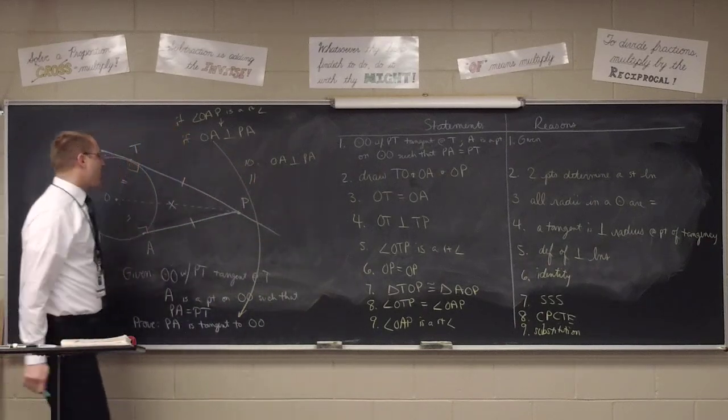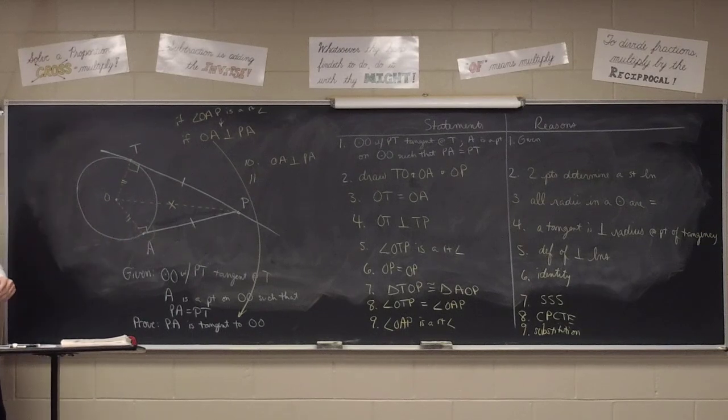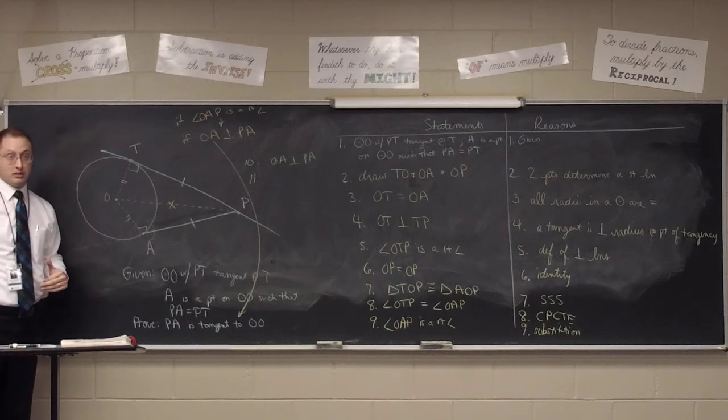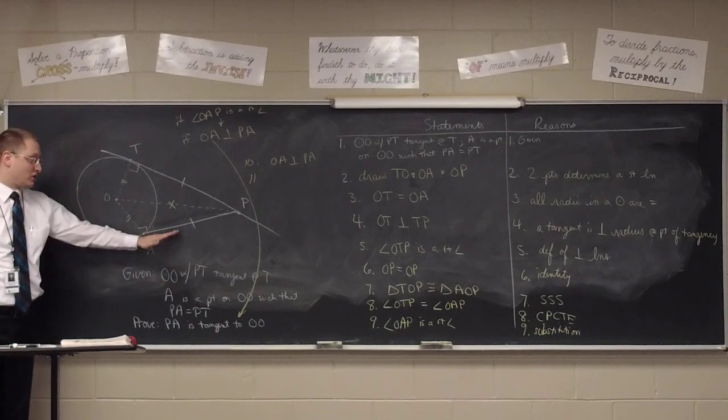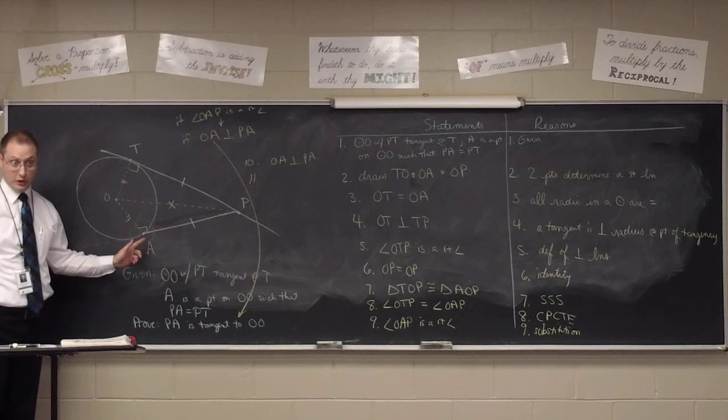And so, if you have a perpendicular to a radius at its endpoint on the circle, you have a tangent, corollary 39.1.